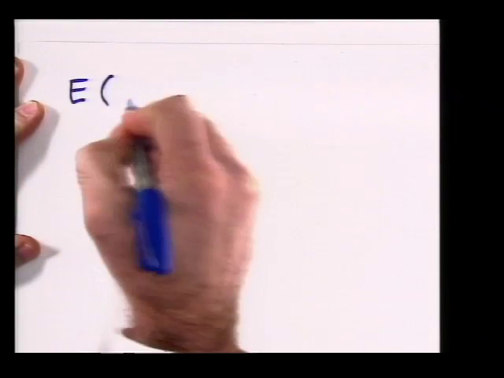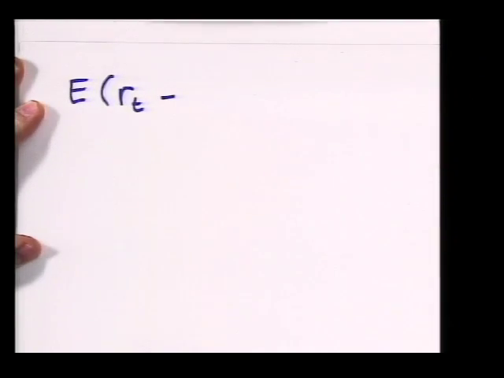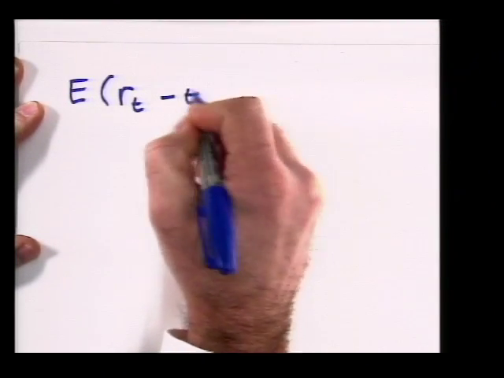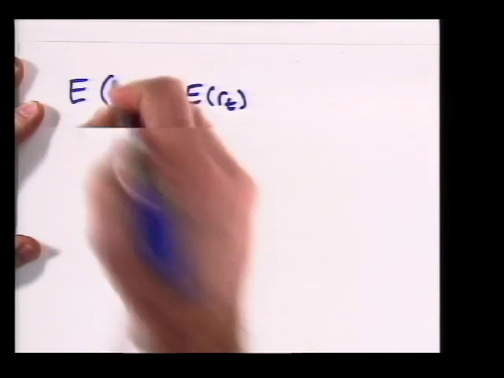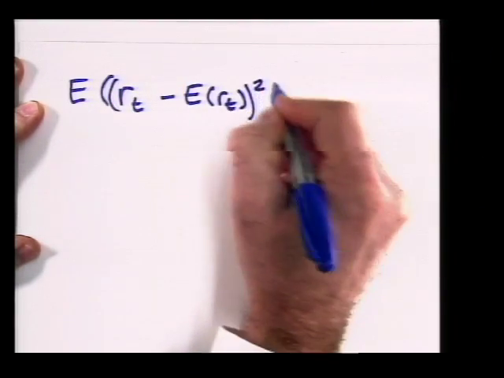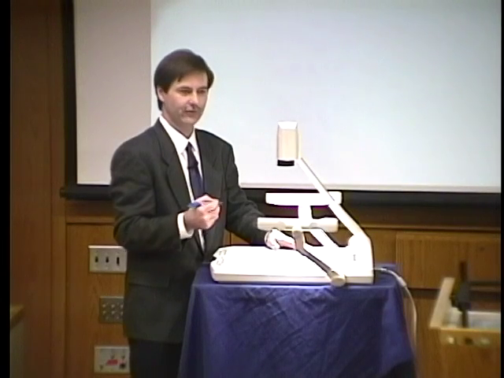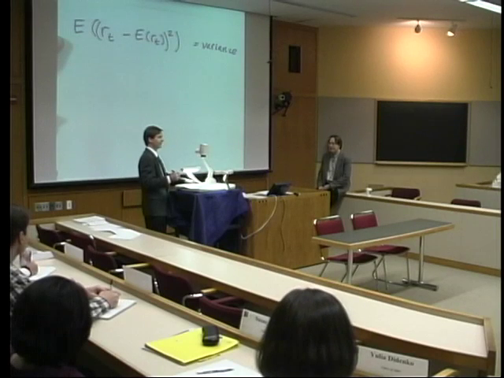The general definition is R t minus the mean of R t, and let's just call that expected R t, and then we're actually going to square that. Okay? That's just variance. It's just the variance. You push the variance button, that's what you get.